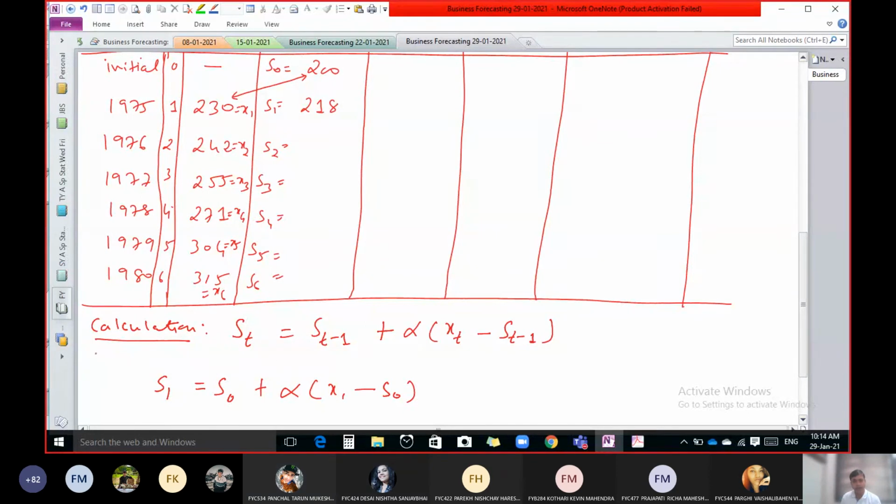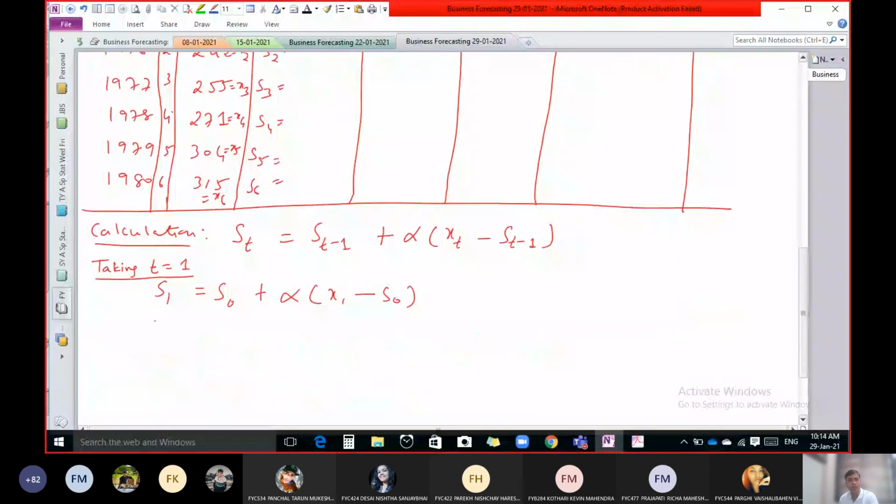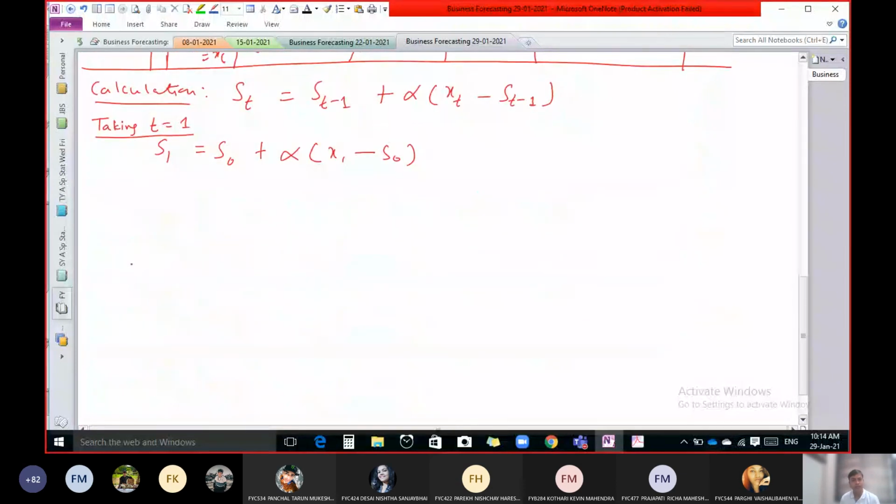In this formula, let us take t equal to 1. Taking t equal to 1, S1 equals S0 plus alpha times (x1 minus S0). Now tell me what is S1?